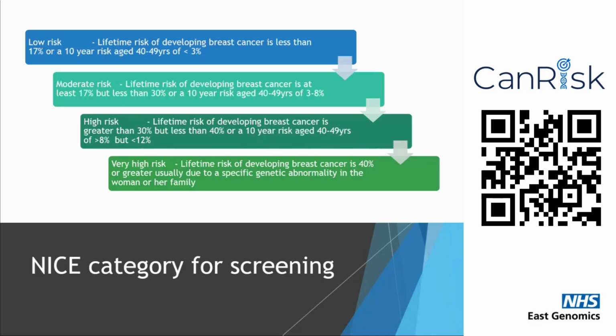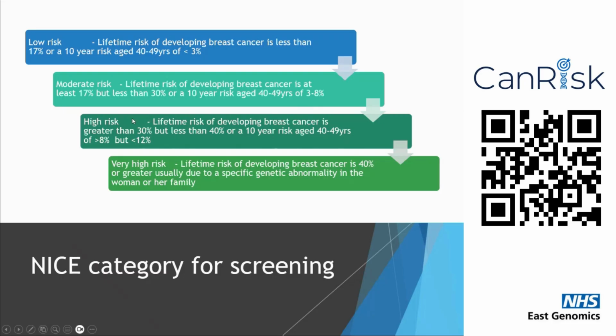So as you know, NICE categorised screening based on population risk, which is a lifetime risk of developing breast cancer of up to 17%, or a 10-year risk between 40 and 49 of less than 3%. Moderate risk is a lifetime risk between 17 and 30%, or a 10-year risk at age 40 to 49 of 3 to 8%.